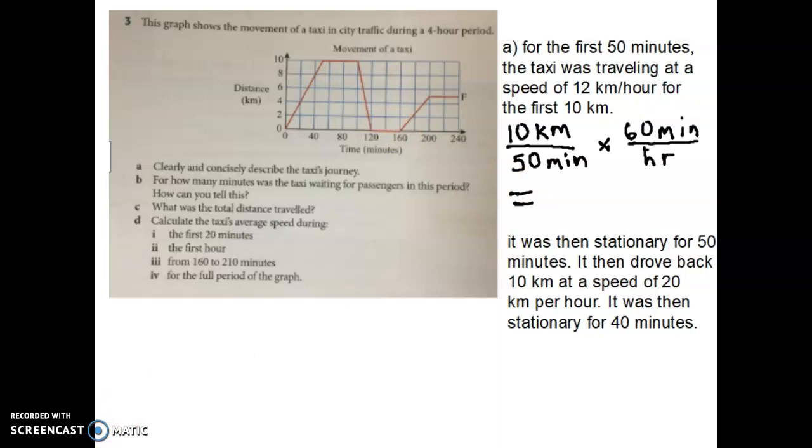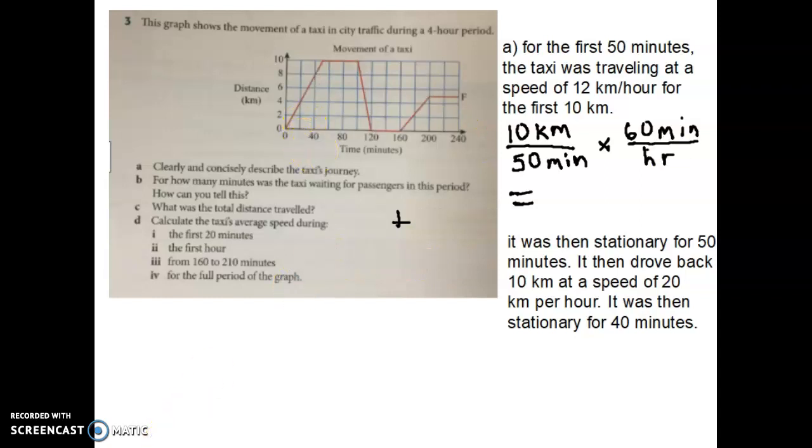What was the total distance traveled, which is part C? 25 kilometers is the solution for that.